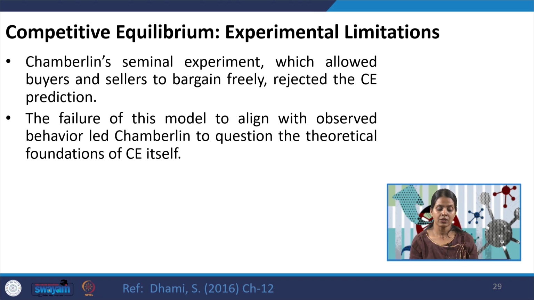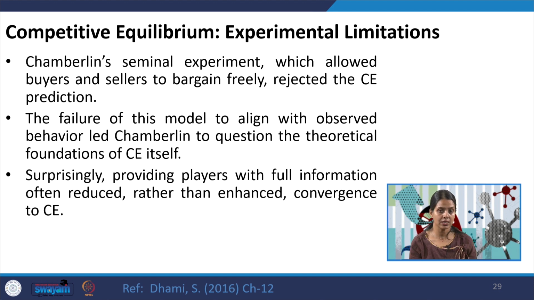The failure of this model to align with observed behavior led Chamberlin to question the theoretical foundations of CE itself. Surprisingly, providing players with full information often reduced rather than enhanced convergence to competitive equilibrium. So, full information actually is not required in order to attain competitive equilibrium, as exemplified by Chamberlin.